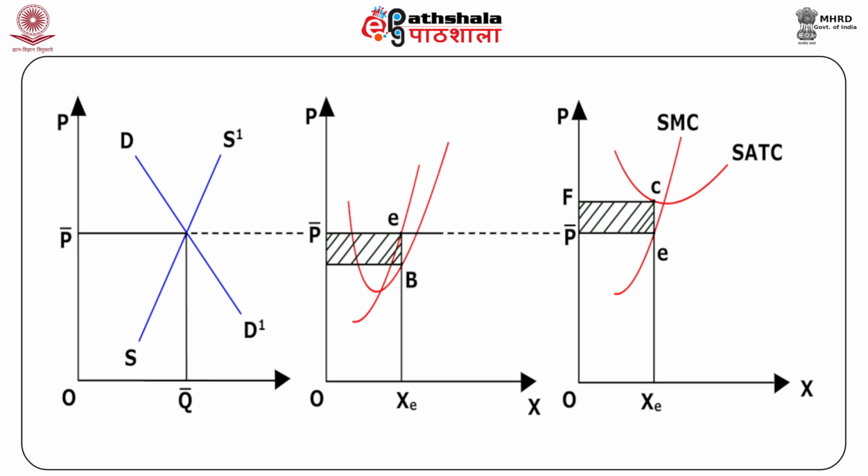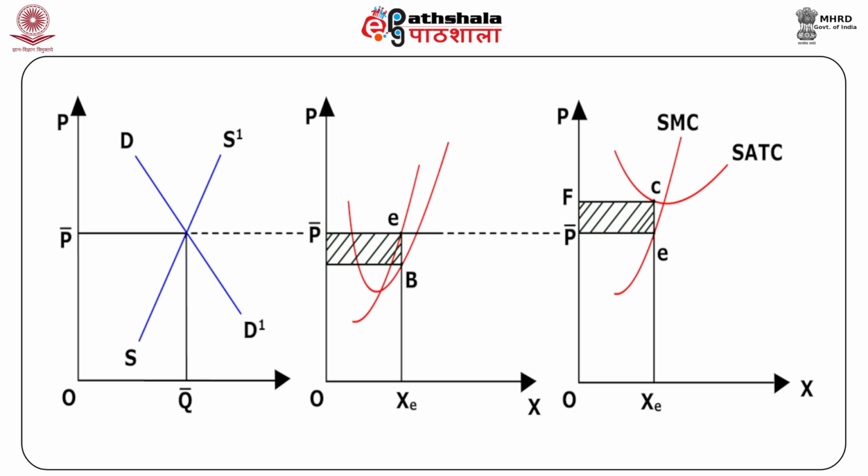Let us first consider a condition where the cost curves are lower. When the cost curves are lower, what you could notice is that when marginal cost is equal to marginal revenue at point E, where there is equilibrium, the average cost is XEB, and the difference between average revenue and average cost is the profit per unit.